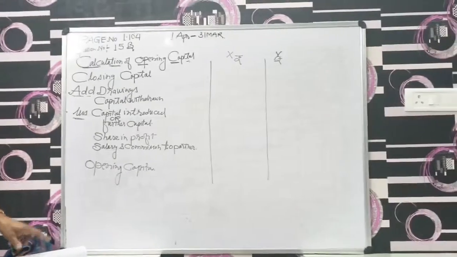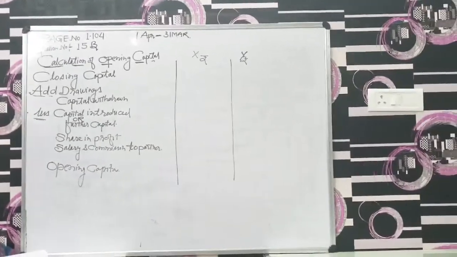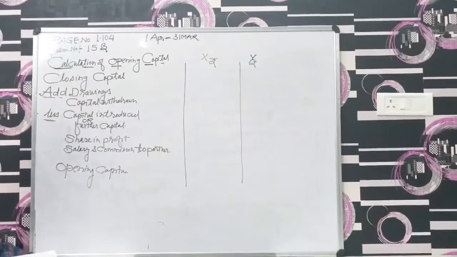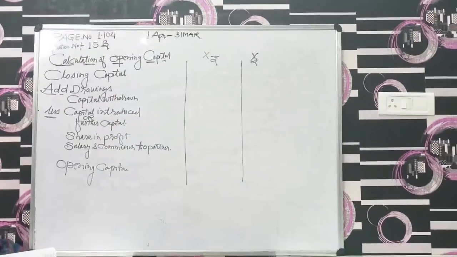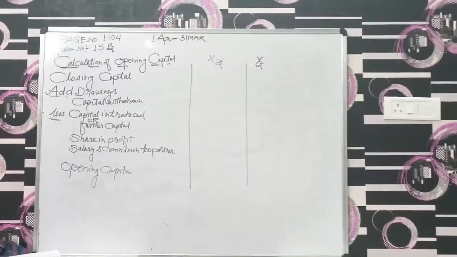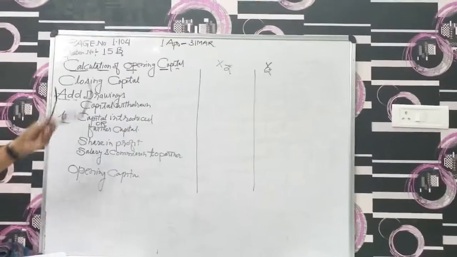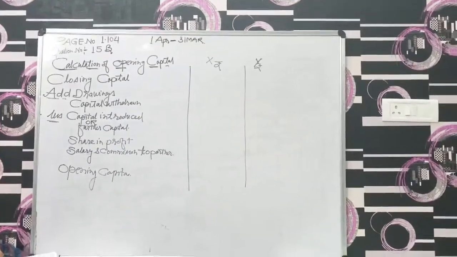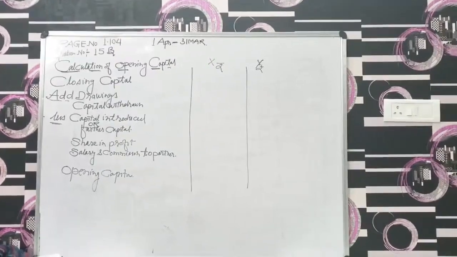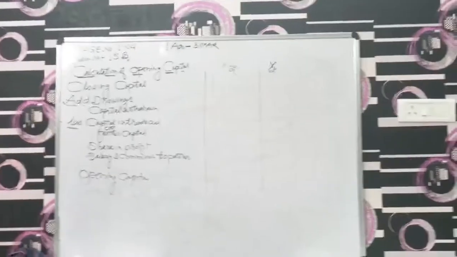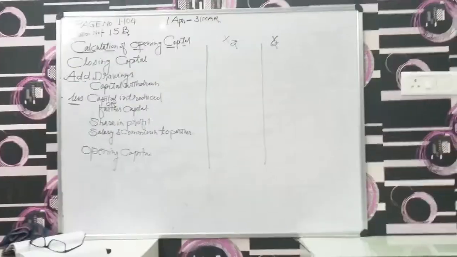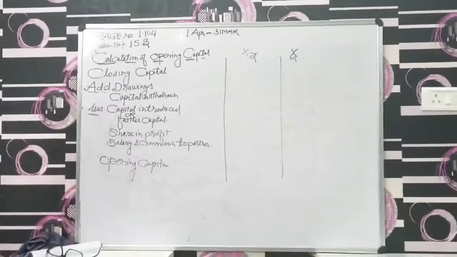Compute interest on capital. In this practical question, closing capital is given. What is given? Closing capital of X and Y is given to us. We know interest on capital would be calculated on opening capital.